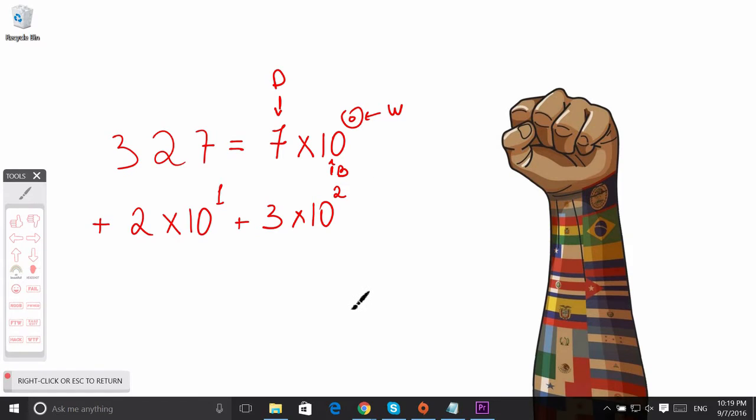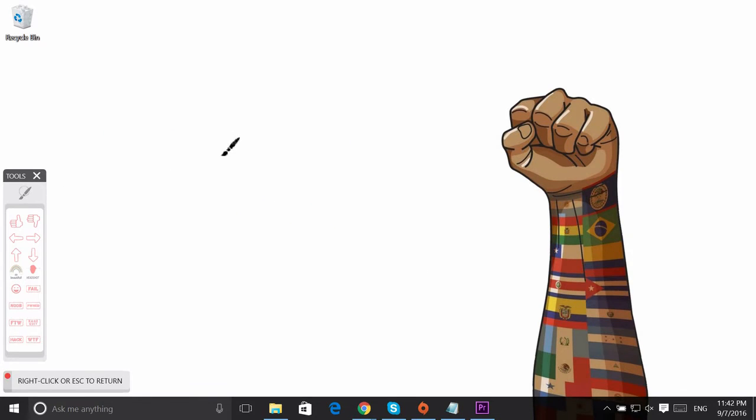Now we can ask the question, is it possible to represent a number in a different base other than 10? Yes, it is possible. Now let's look at the second most used numeral system in the world, the base 2 system or the binary system. It's the same thing. Numbers in electronic systems are stored as binary digits.